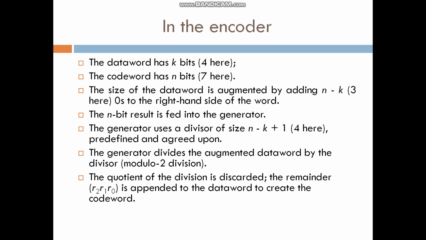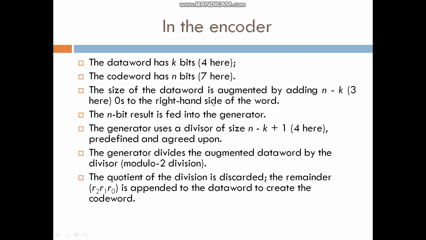So the value of k is 4 and the value of n is 7, and our data word is 4 bits, and the code word that we want to send to the other node after encoder encoding is 7 bits.